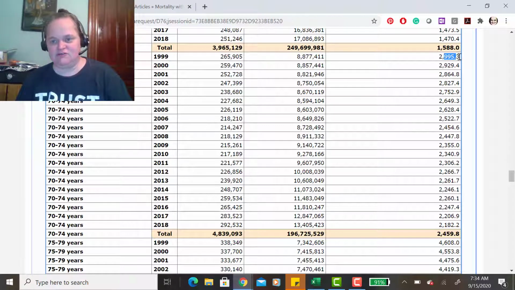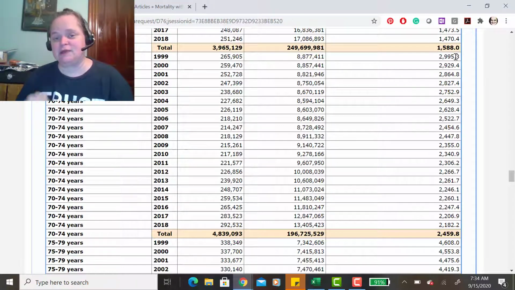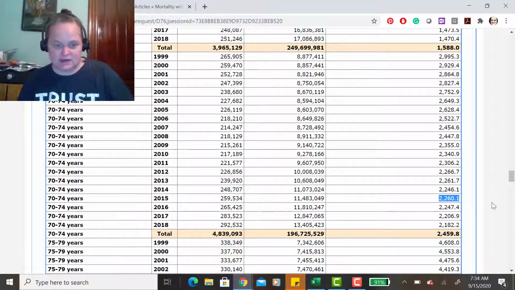So it's close to 3,000 here, so that would be 3%. 3% of those aged 70 to 74 dying in any given year. That's what, in 1999, I should say, about 3%. But we can see it's going down, down, down, down, down, down, and it's basically, okay, it went up in 2015, just trying to take a look, where did it go up? So it went up in 2015, and it's just been going down.